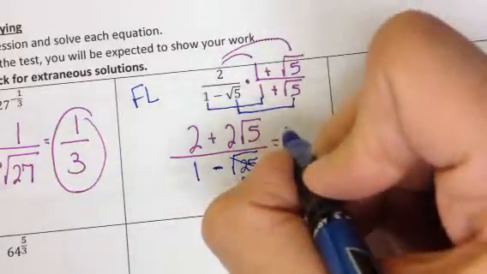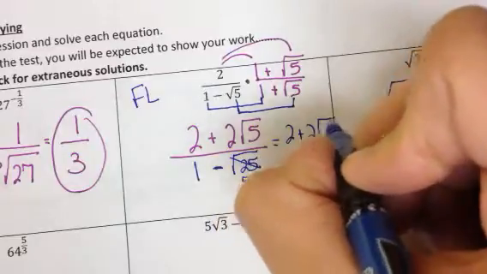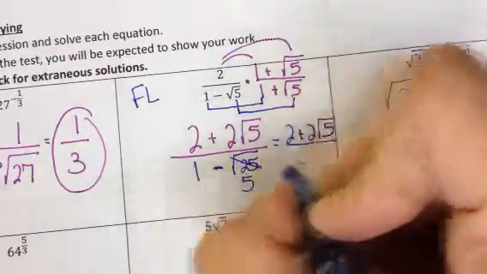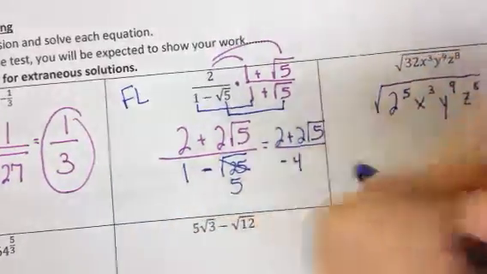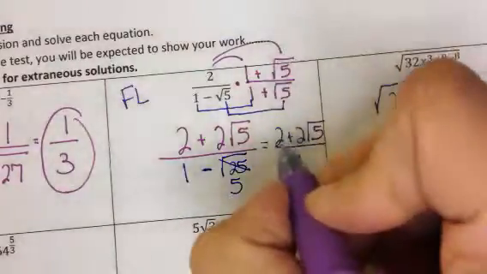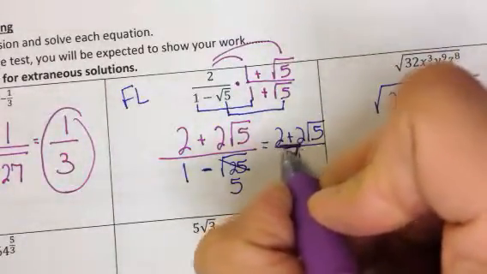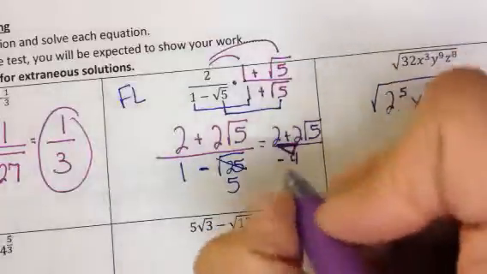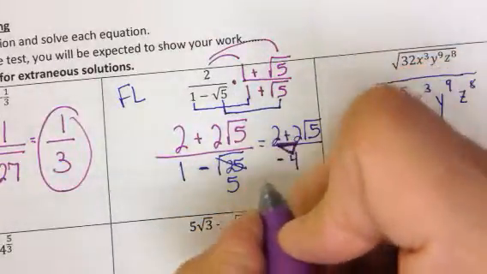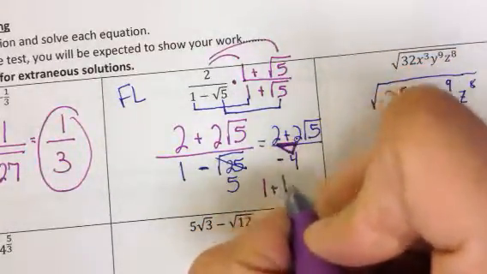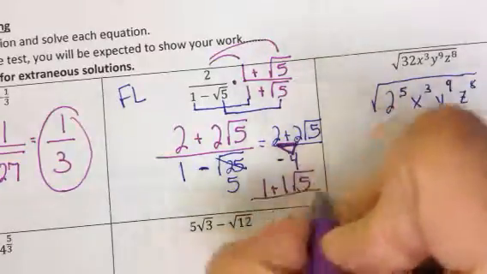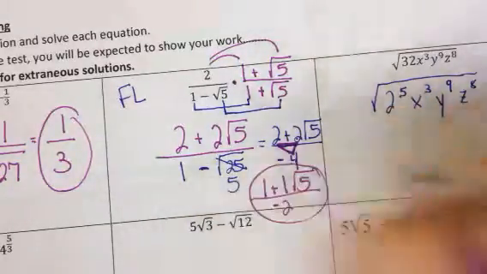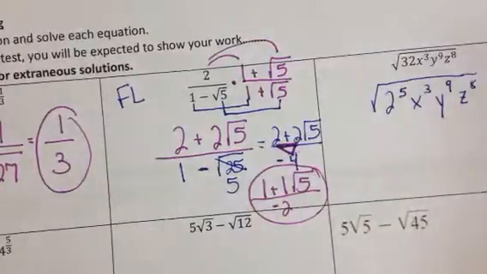So when I'm done, my numerator will stay the same, but then I can take 1 minus 5 and get negative 4. And this is a great answer. If you notice that simplifying triangle that we talked about, that you can take a 2 out of those, that would be great. I can divide this by 2, I can divide this by 2, and I can divide this by 2. So this is the better answer, okay? But this one will be accepted on the test.